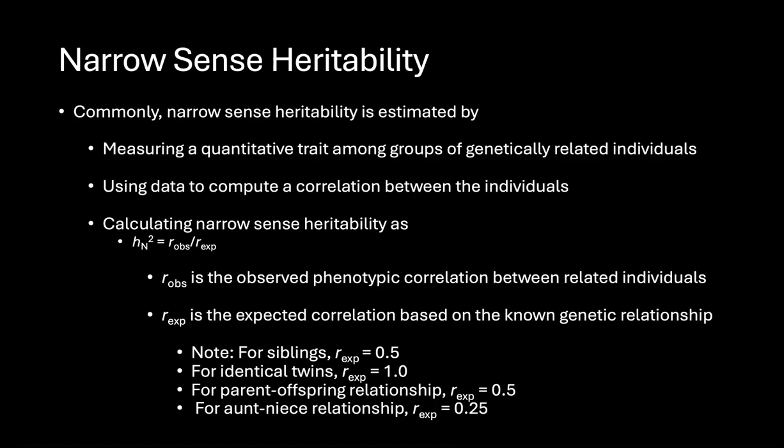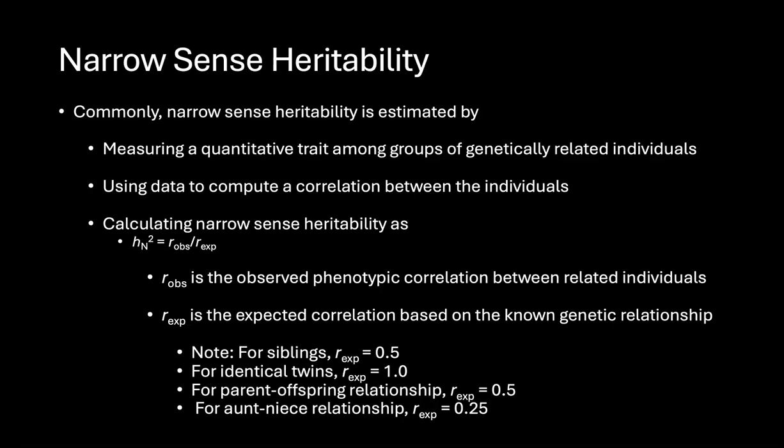The final value for narrow sense heritability, that is, the value that tells us what proportion of the phenotypic variance is related to genetics, is calculated as the observed correlation, which is what we measured and calculated, divided by the expected correlation if all the variance was explained by genetics, which is based on the known genetic relationships among our groups.